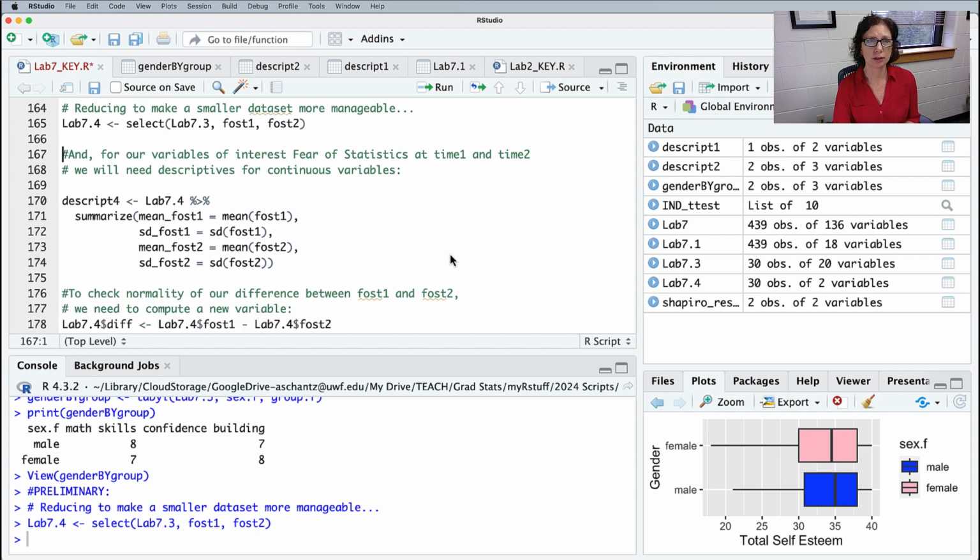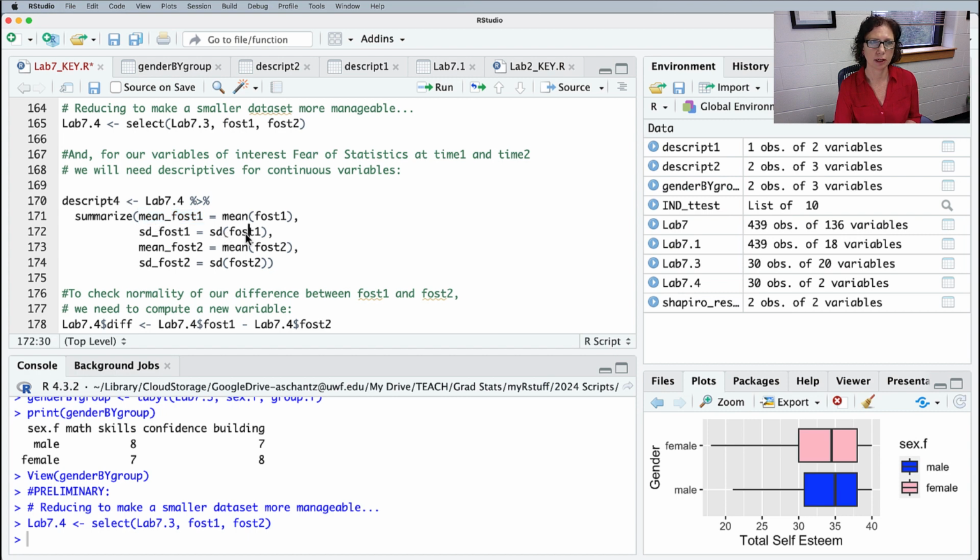We still need descriptives for these, and we can get that by, similar to what we did before, assigning a new thing in the environment. I'll call it descript 4. It's from the data Lab 7.4. Then summarize the following things. The mean of FOST1, call it mean FOST1.